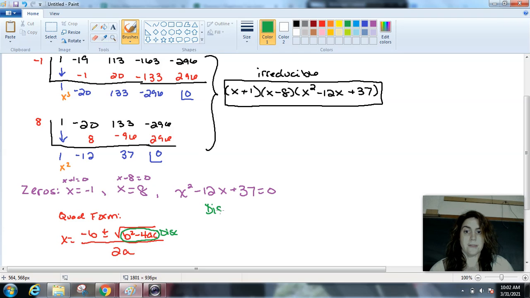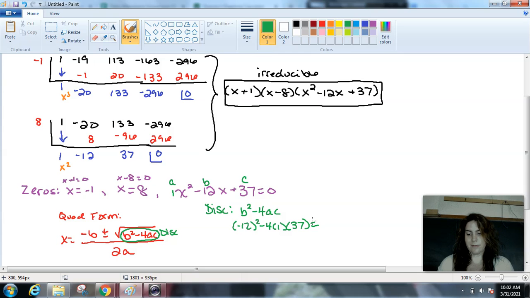So if I find the discriminant for this, your a is 1, b is -12, c is 37. So if I use this little formula and I put all those values in, I'm going to put that in my calculator right now. And I get a -4.